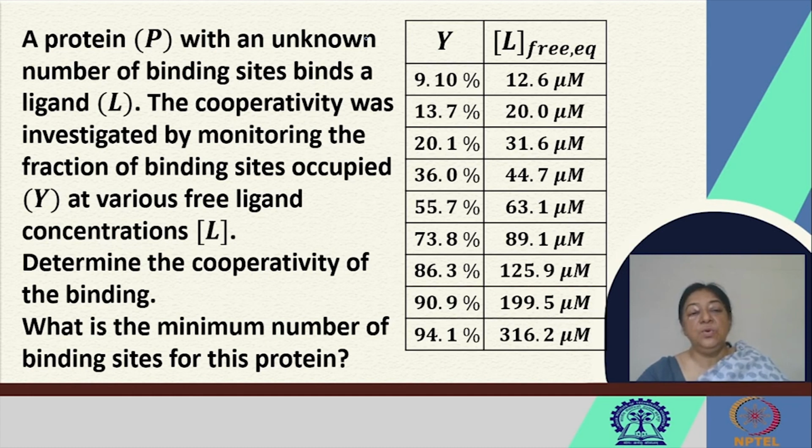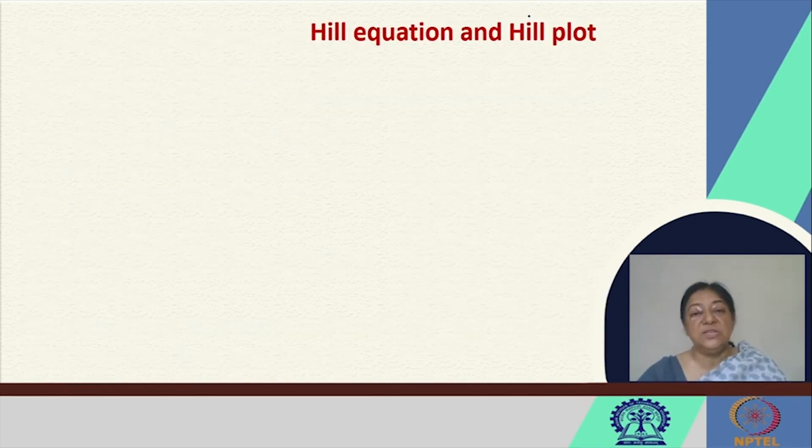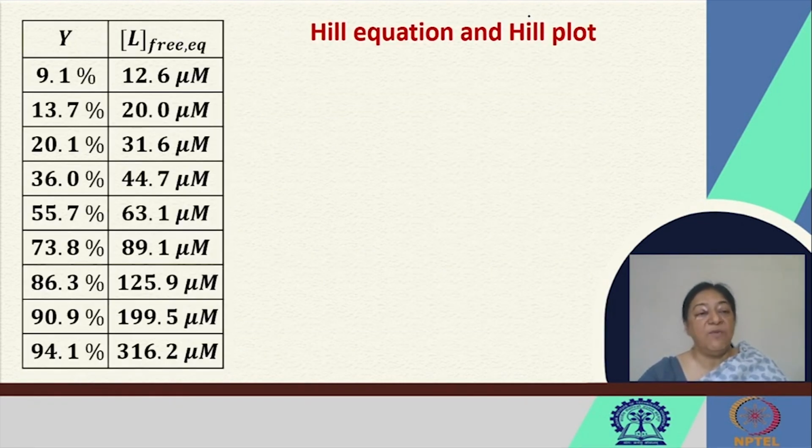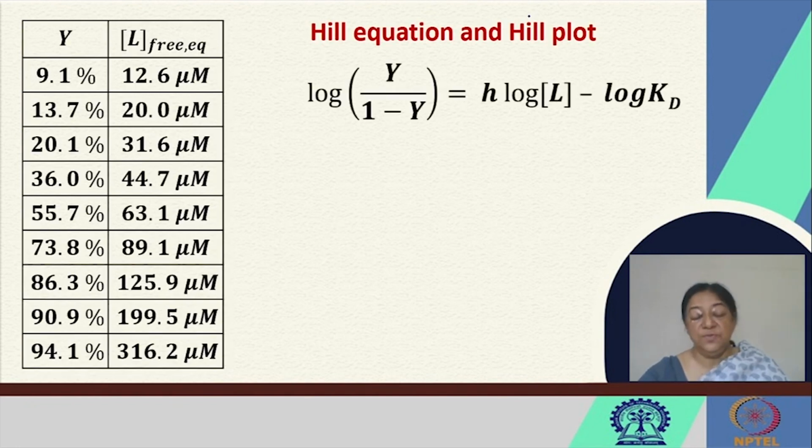So given that we know the fraction of binding sites that are occupied at the specific free ligand concentrations that we have here, let us work to find out the table that needs to be constructed to get our plot. So we have y and L, and we need to find log y by 1 minus y and log L. And what we will get is from the slope, we will get the value of h.